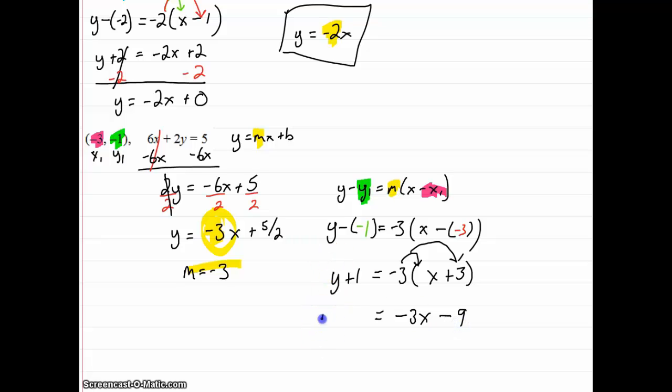We didn't do anything over here, so we'll just rewrite it, y plus 1. So our goal is slope-intercept form, so we just need to subtract the 1 from both sides. The 1 is a number, so you put it with the number. So this goes away, and we get y equals negative 3x minus 10.